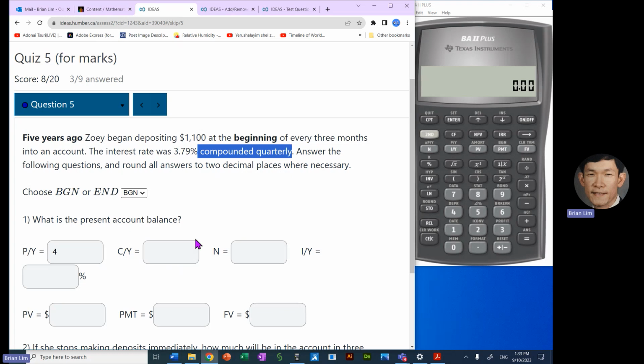Compounding is quarterly, so CY will also be 4. The interest rate is 3.79, so we will enter that number in here.